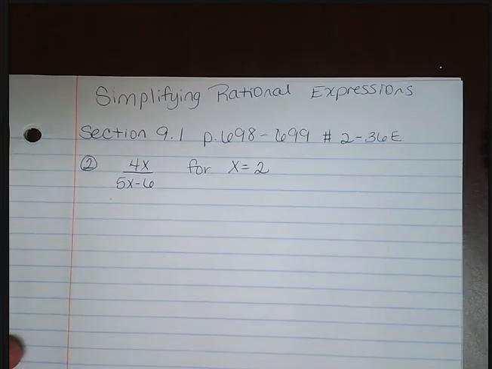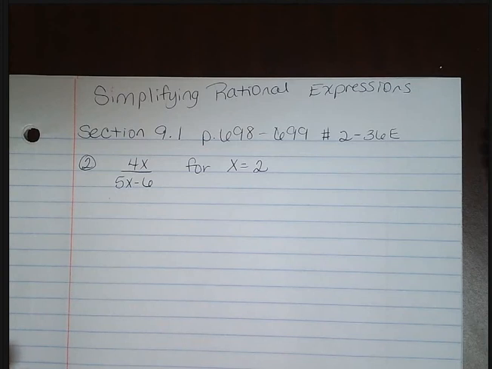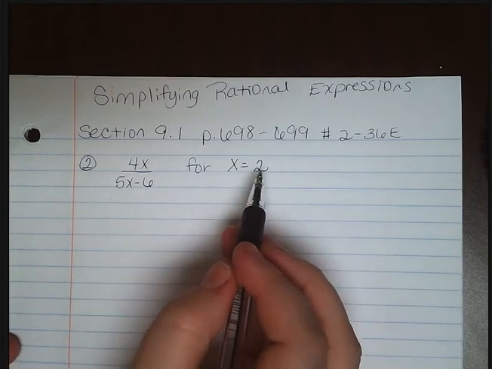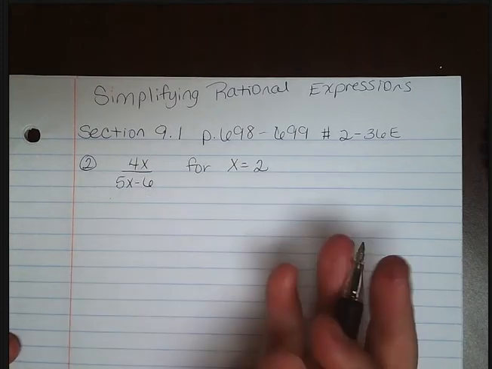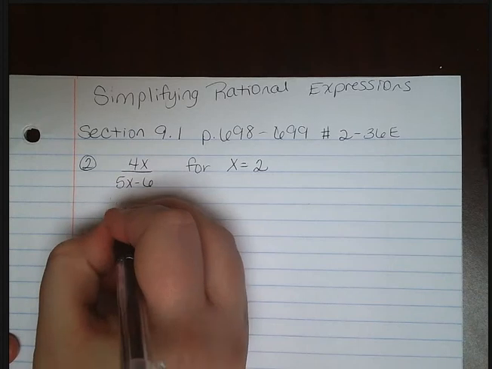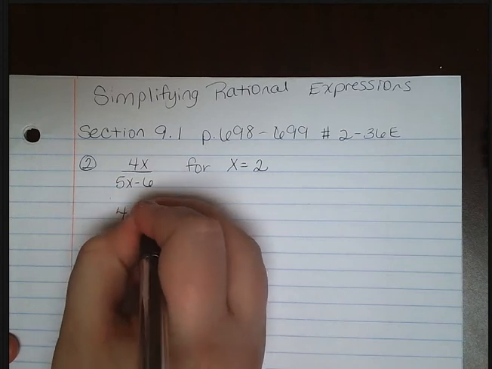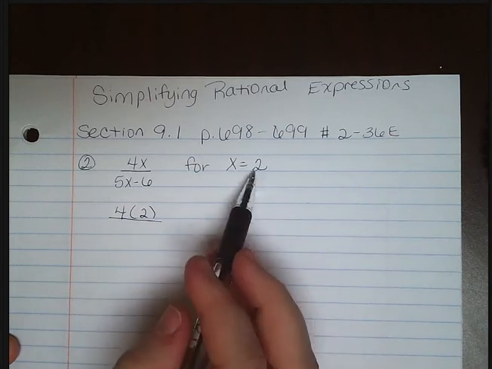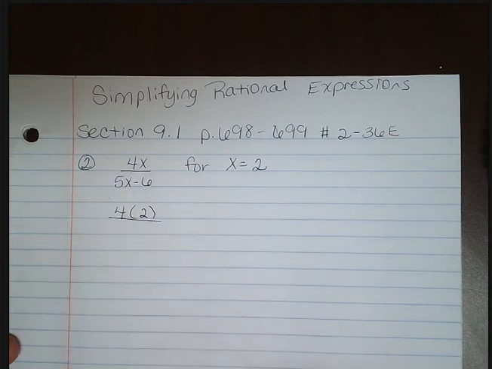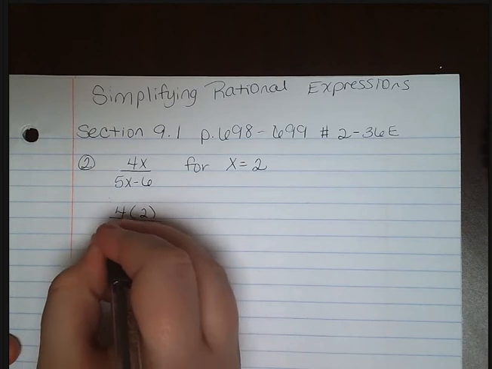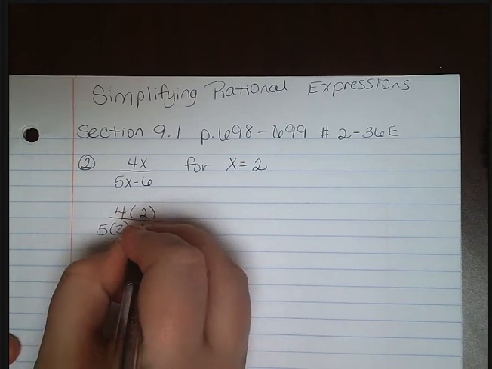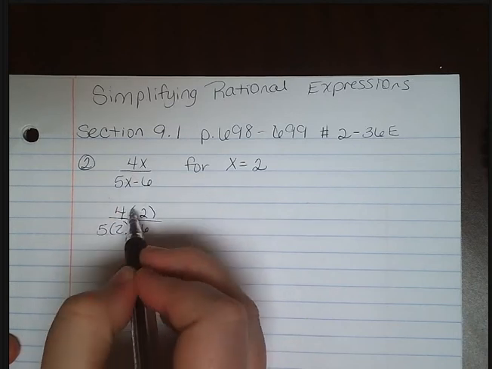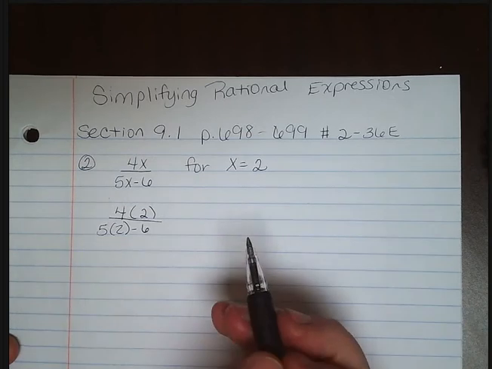When they say evaluate each expression for the value of the variable, all they're asking you to do is plug in this 2 in place of the x's over here. When we plug in a number for a variable, as we learned in the last lesson, we always plug that number in with parentheses surrounding it. Just like this. So every time we see an x, we're going to use the parentheses and put the number 2 inside.